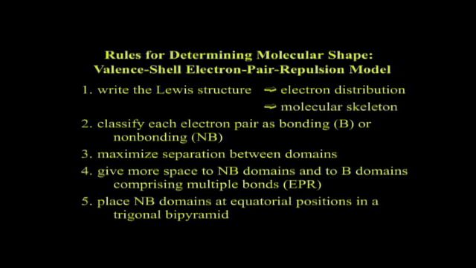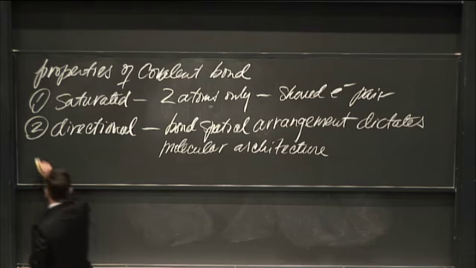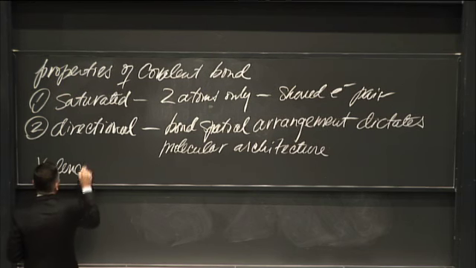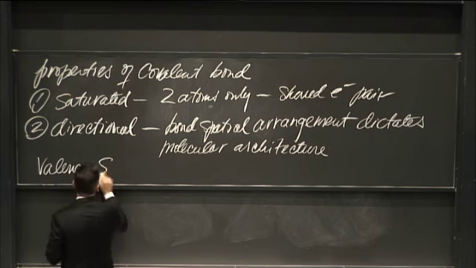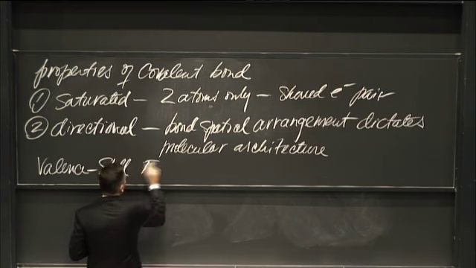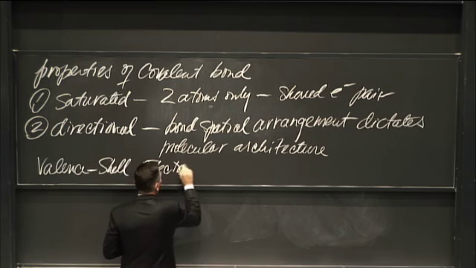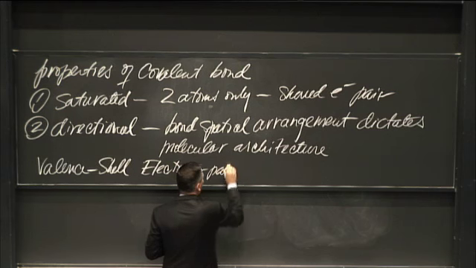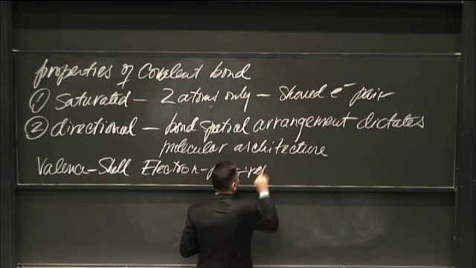And it's written up here under the term valence shell electron pair repulsion model. Well, let's write that down. I'm going to go through some examples. Valence shell, hyphenated, electron pair repulsion.